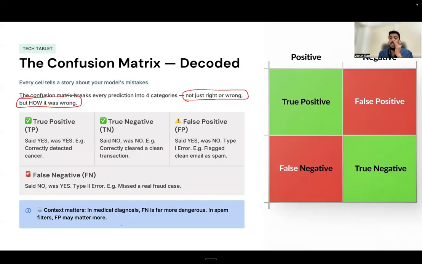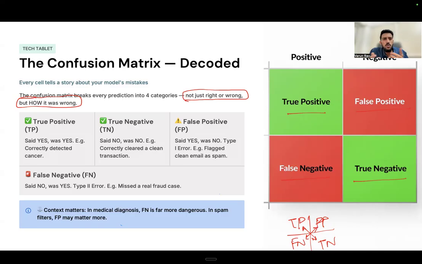So you have four values: true positive, false negative, false positive, true negative. Like TP, TN, you have FN and you have FP. Simple, you can remember it like this: trues go diagonal and falses go diagonal, right?